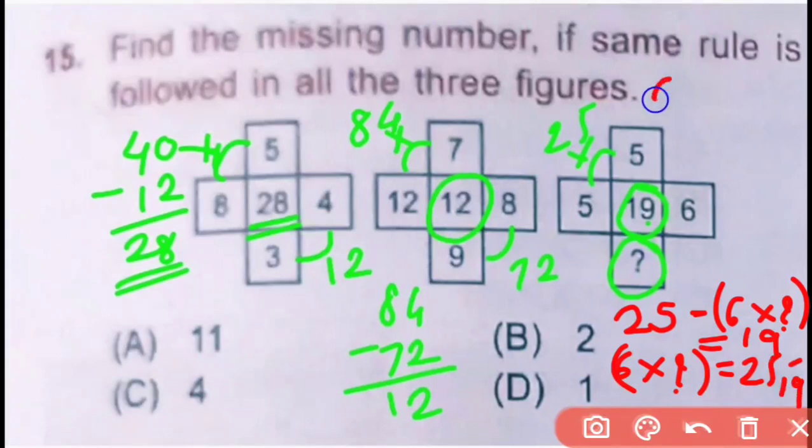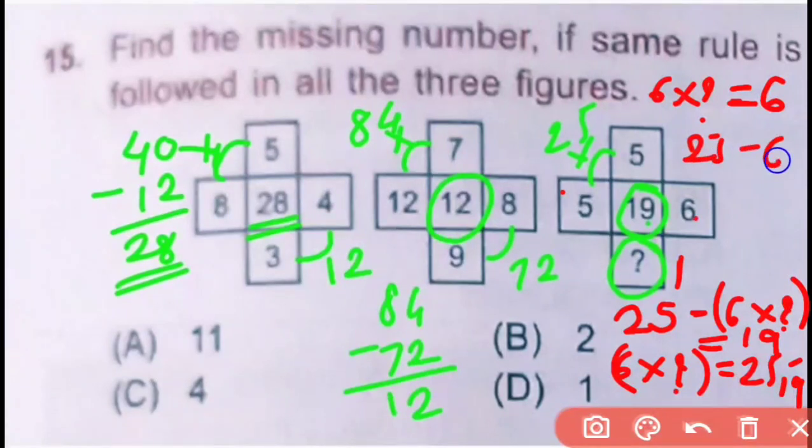So 6 into question mark is equal to 25 minus 19 means 6. So 6 into what is equal to 6? 6 into 1 is equal to 6. Here 1 will come, means 25 minus 6 is equal to 19. So D is the correct answer.